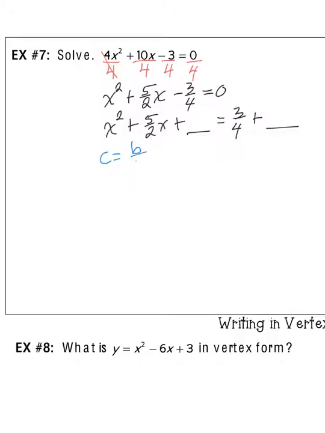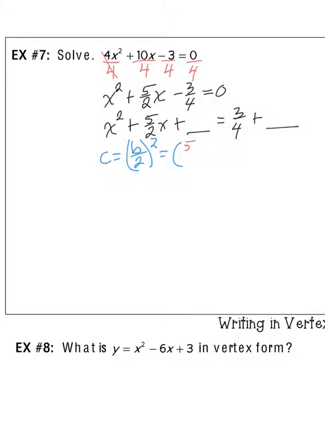So we've got b over 2 squared. But in this case, my b is 5/2, it's a fraction. So anytime I'd end up having 5/2 here divided by 2, we don't like to have a fraction of fractions. So dividing by 2 is the same as multiplying by a half. So I would prefer to take my 5/2, let me change that into red so I color code it correctly.